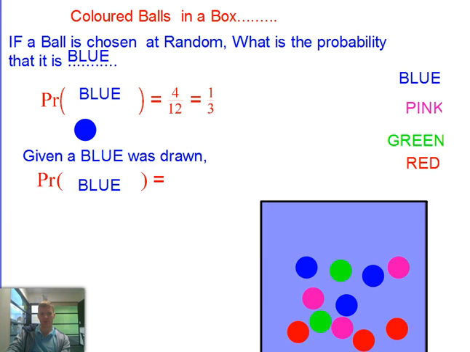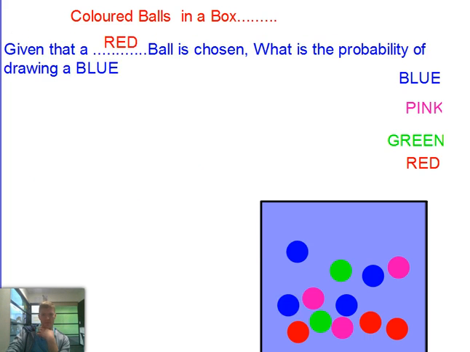So the probability has changed, hasn't it? 3 out of 11. Well, that's different now than just our 4 out of 12 or a third. So in the situation where another event happens first, or some condition is given to us that affects the probability of an event in the future, that's the scenario of conditional probability.